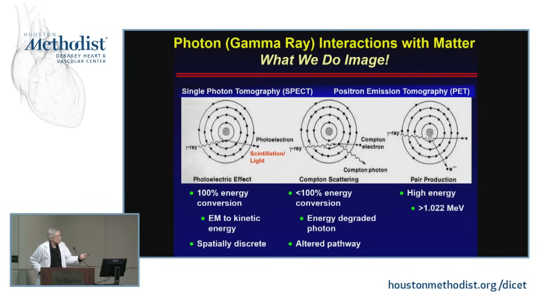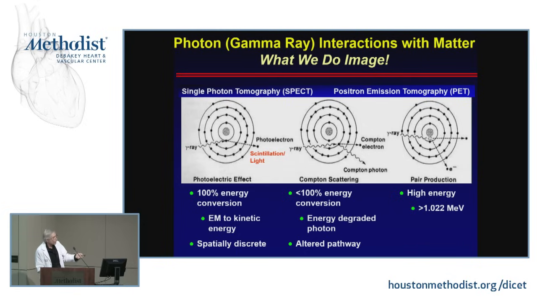So you have a Compton photon and a Compton electron, and we commonly see what we call Compton scattering. Compton scattering, where a gamma ray hits a tissue and it causes a change in the configuration and the direction of something, but doesn't absorb all the energy. So this is something that we deal with a lot in nuclear cardiology, and it's a curse because it really can affect your spatial resolution and how well you do.